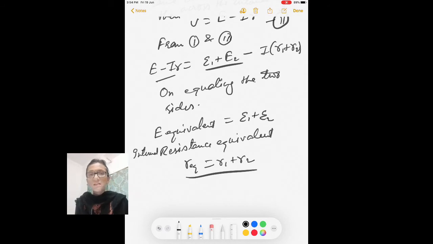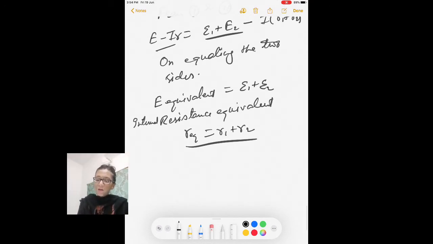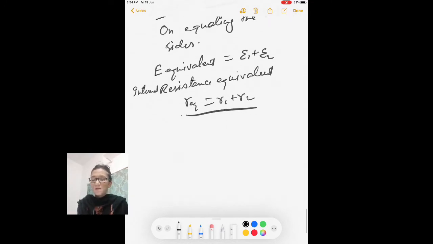This is justified also as the cells are connected in series, so resistances are connected in series, and we got equivalent resistance which is equal to R1 plus R2.